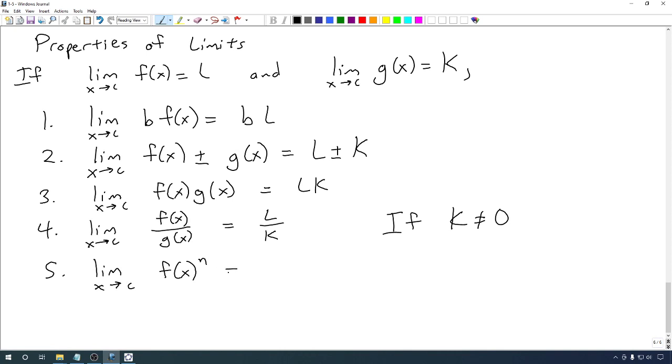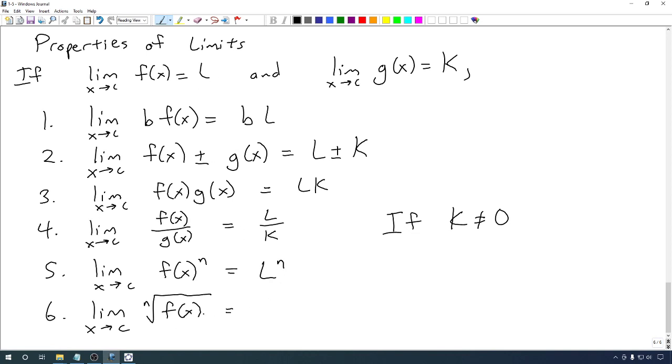Our last two properties are actually very similar to what we had on the previous page. If I take f of x to the nth power or the nth root, well, this time we're not just taking x to the n and getting c to the n. Here we're taking f of x to the n, and we're going to get L to the n.